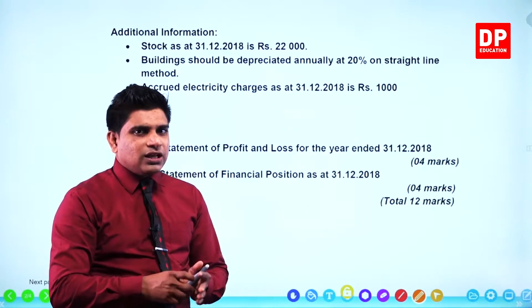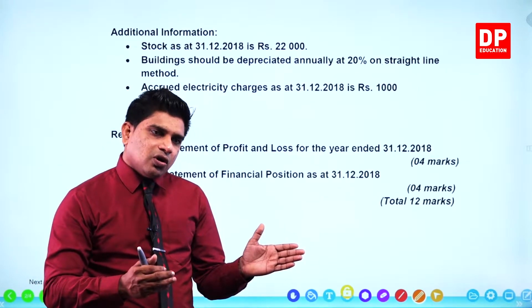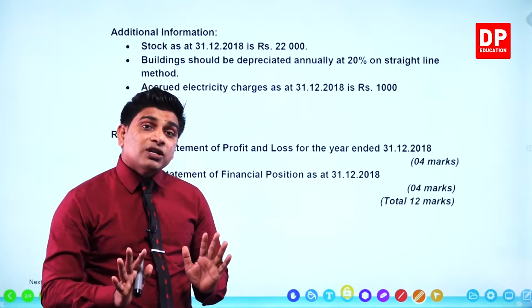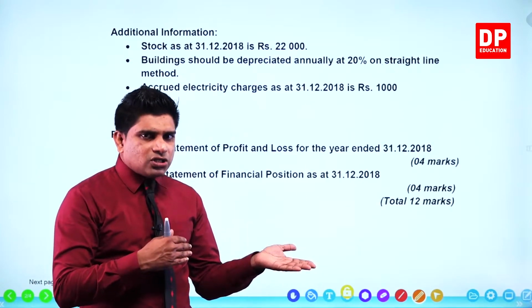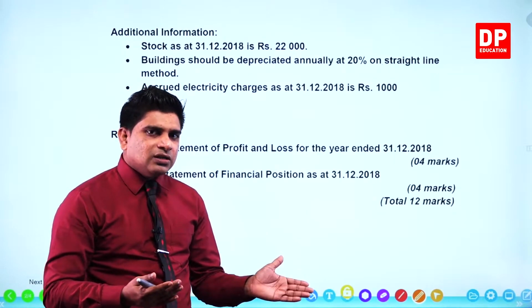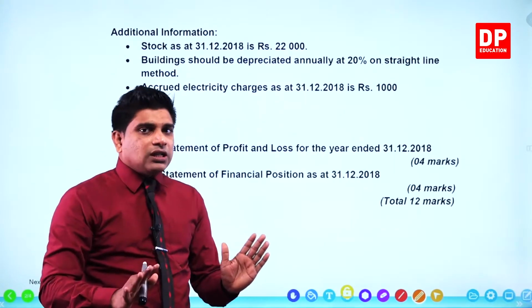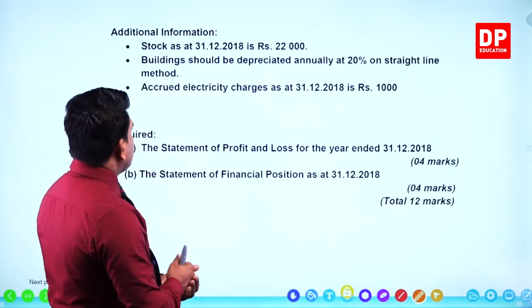Say 100,000 is the cost and 10% is the rate. This year you calculate 100,000 into 10%, which is 10,000. Next year, the same cost and the same percentage, so the same value, 10,000. That's why we say straight line method.